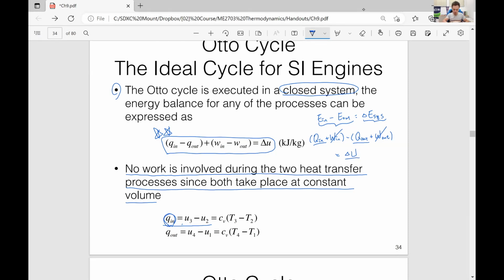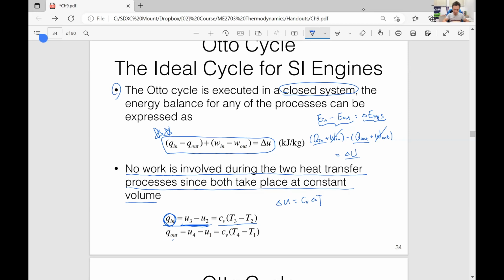So this is just Q in equals the internal energy change. And we know that the internal energy change can be written in terms of specific heat and temperature. Delta u is Cv delta T.